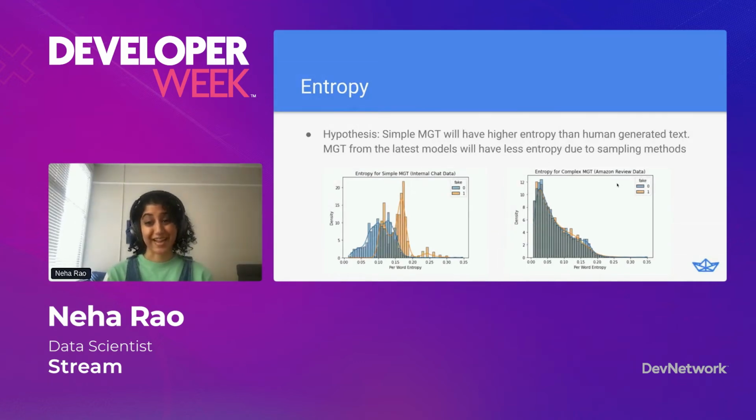When you start looking at the Amazon review data, though, it starts to look less promising. The distributions are nearly identical. You can see some small differences, but nothing significant.